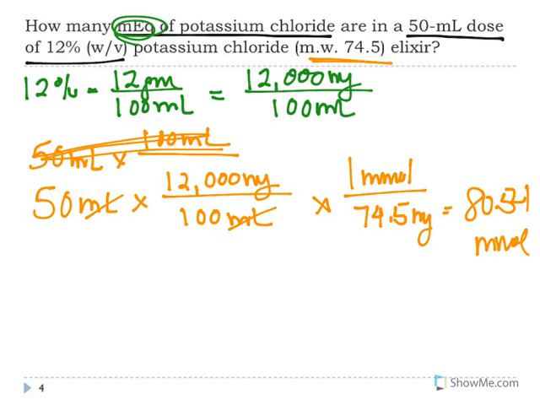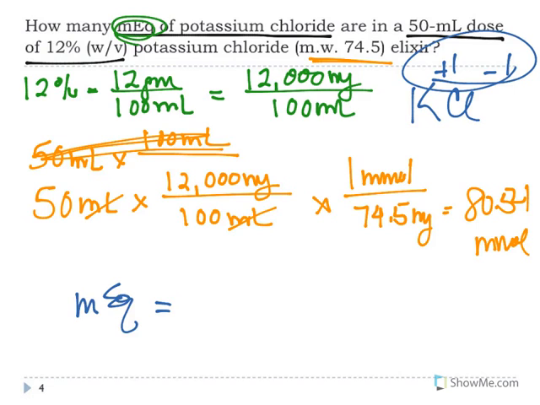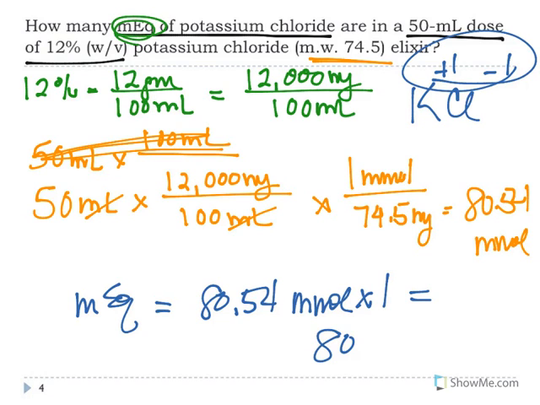So we have to figure out the valence of potassium chloride. We know that potassium is a +1, chloride is a -1, so the overall valence is 1. So in this case, solving for milliequivalents is actually pretty easy. It's 80.54 millimoles times a valence of 1. So it's also 80.54 milliequivalents.